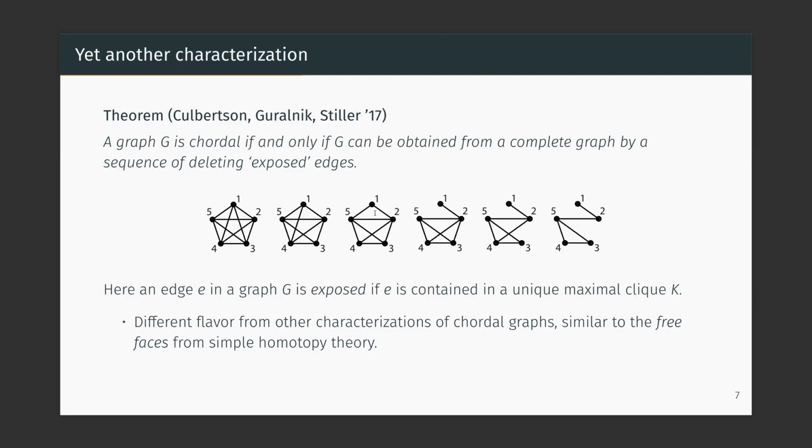And now I've removed 1, 5 because that's in 1, 2, 5, and so on. Just to emphasize, 4, 5 in this picture is in the triangles 2, 4, 5 and 3, 4, 5. So 4, 5 is an example of something that's not exposed. It's in 2 different maximal cliques. The theorem says that a graph is chordal if and only if you can obtain it this way.